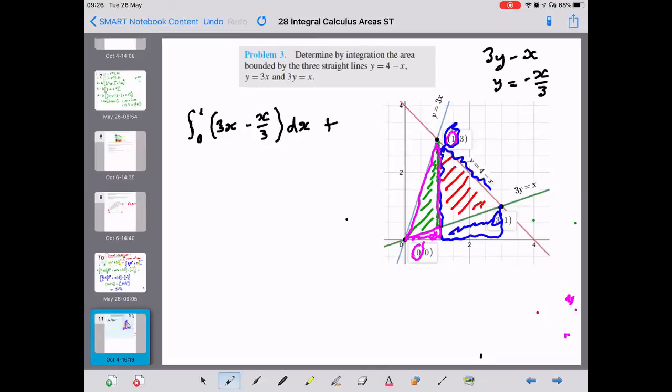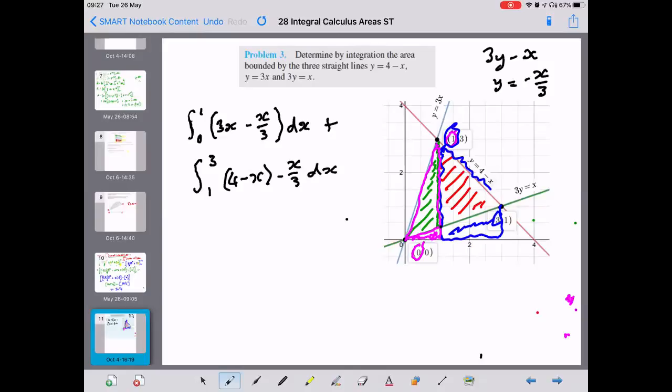And we're going to add to that the integral between 1 and 3 of 4 minus x, take away x over 3 dx.